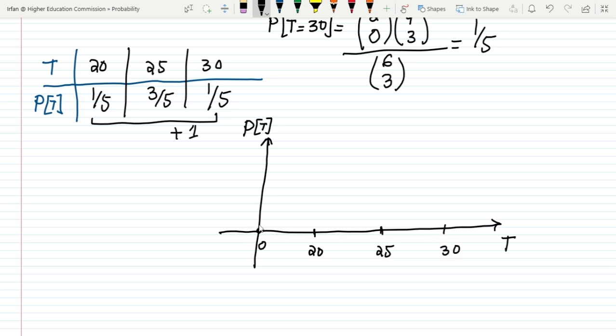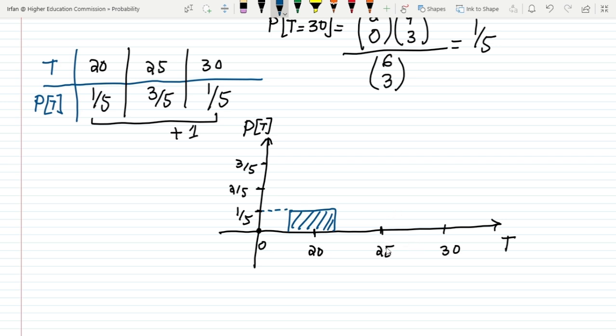And let me have different values here: this is 1 by 5, this is 2 by 5, and let me have this one as 3 by 5. So let me draw them here. The first one, which is 20, p of t for it is 1 by 5.